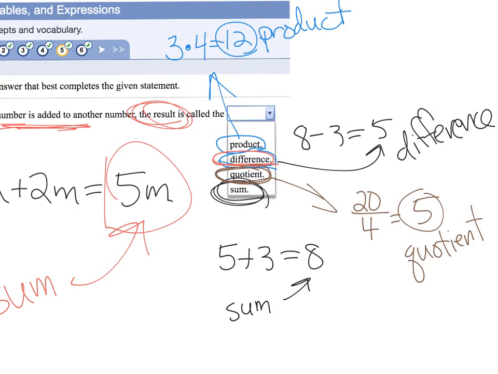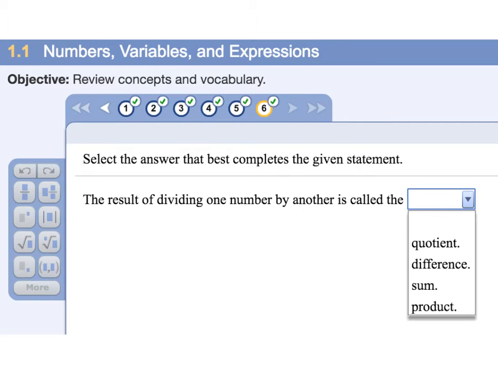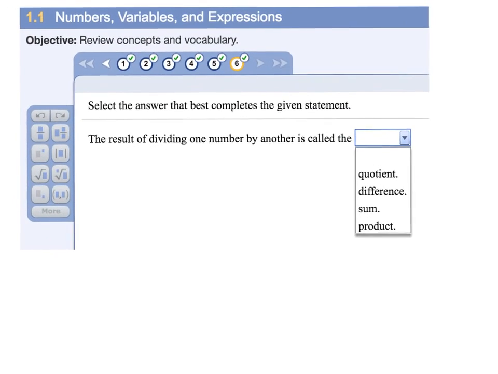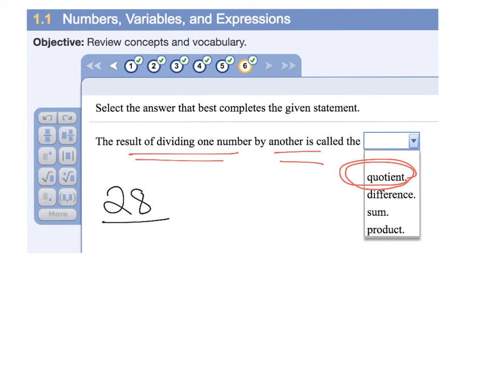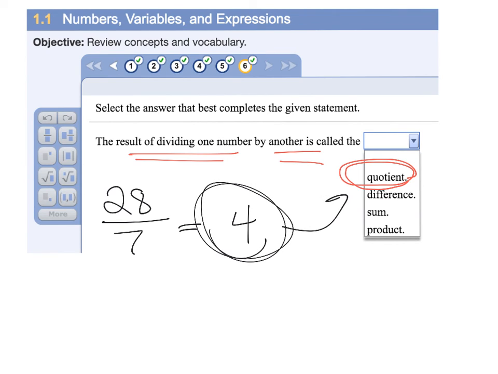Oh, and it actually turns out I accidentally gave you this answer already in the previous slide: the result of dividing one number by another is called the quotient. If you have 28 divided by 7, your answer of 4 is called your quotient. And that wraps up this video.